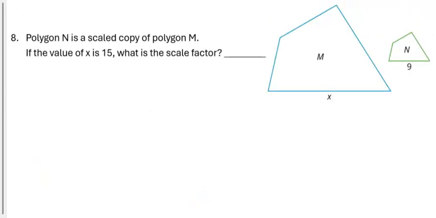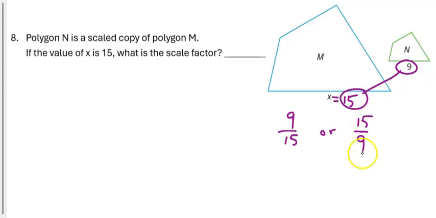Problem 8 is asking you to say that polygon N is a scale copy of polygon M. If the value of X is 15, what's the scale factor? So again, these are the corresponding sides. There's always two choices, so I can go 9/15 or 15/9.